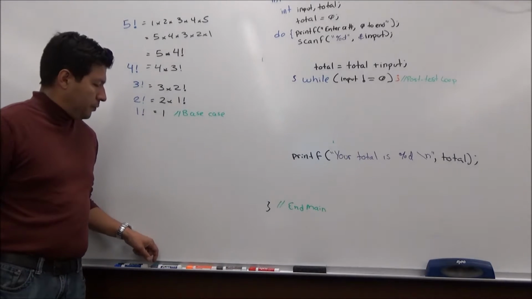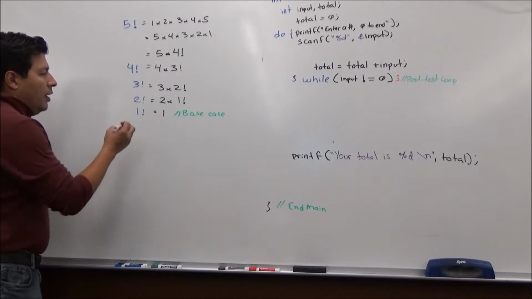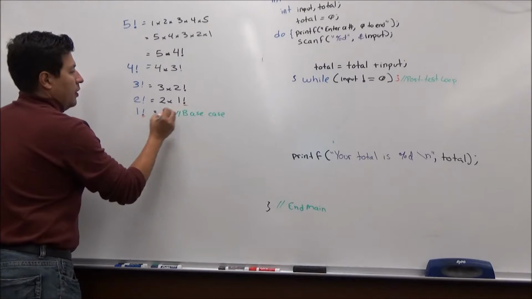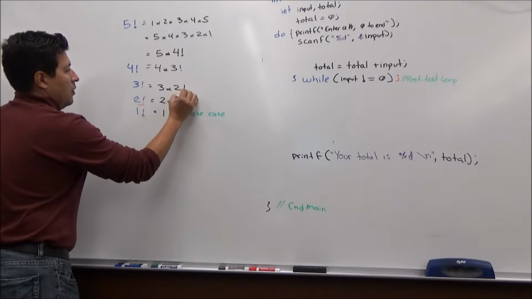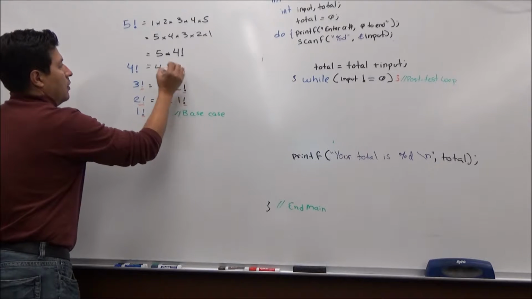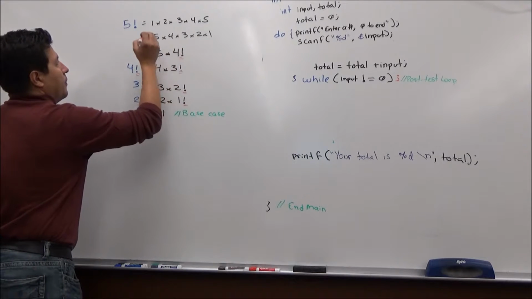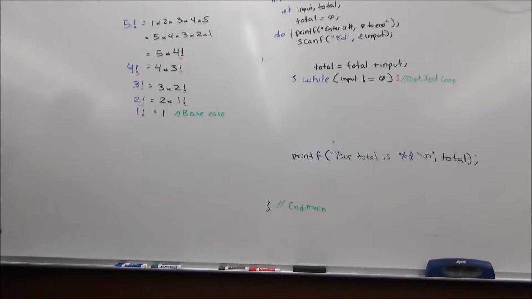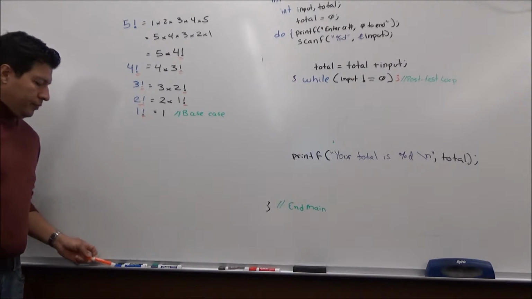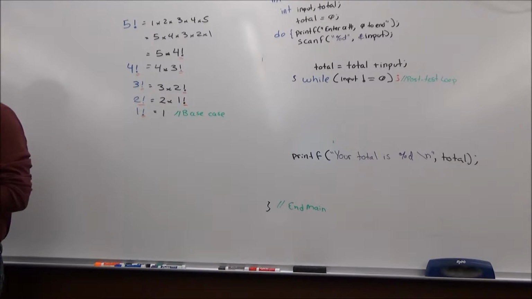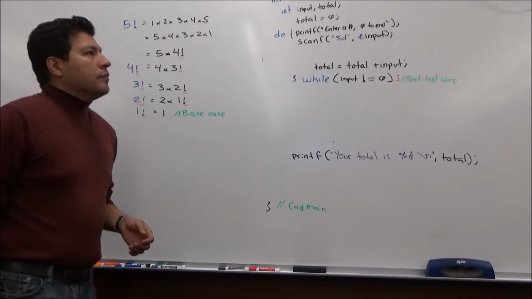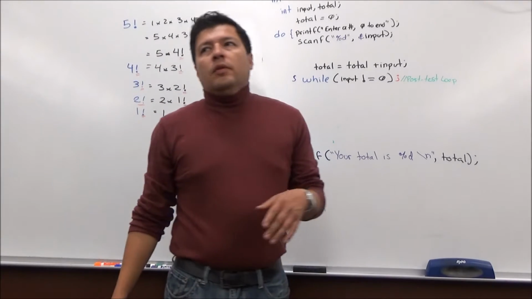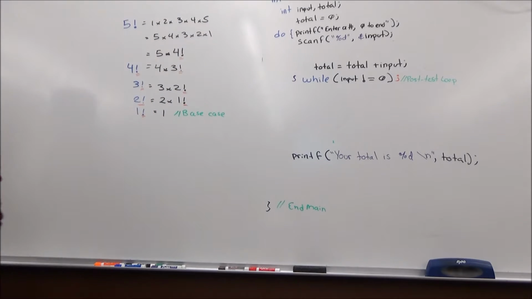And notice that this is the same as this, right? It's duplicating here, right? So, if we try to write a program to calculate factorials, the calculator doesn't do it, which is interesting.